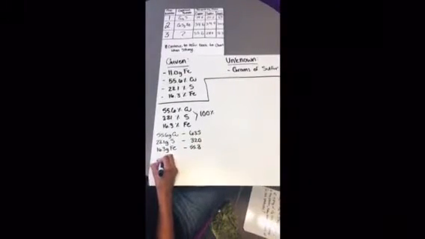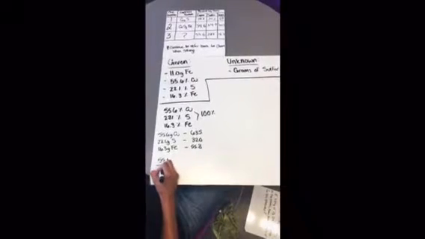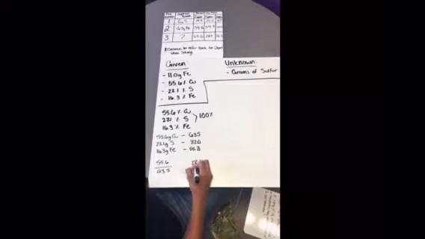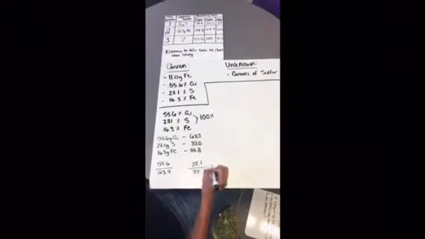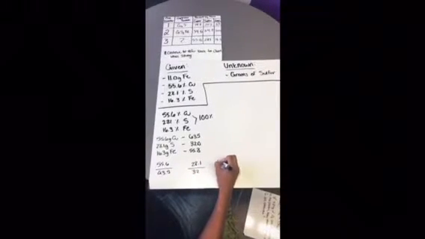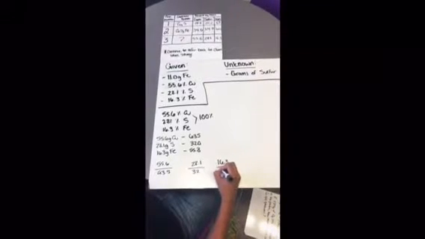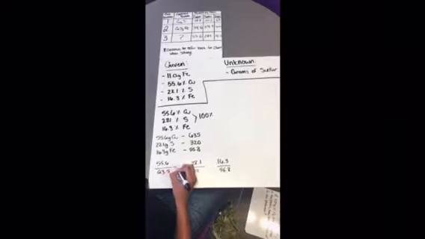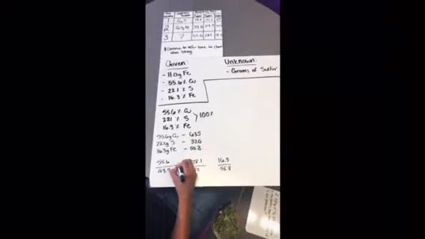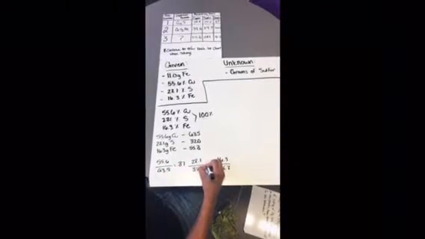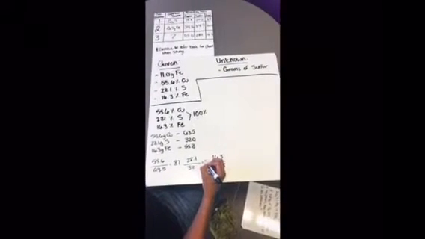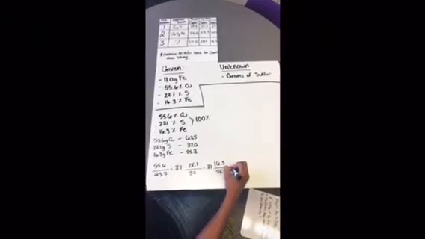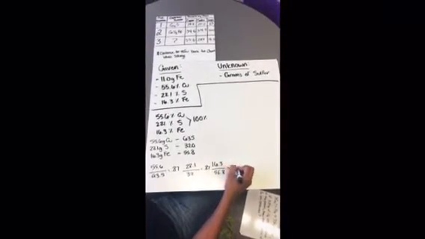So we have 55.6 over 63.5, 28.1 over 32, and 16.3 over 55.8. Now, the first one will give us 0.87. The second will give us, sorry guys, I'm putting in my calculations, 0.87. And then this one will give us 0.29.